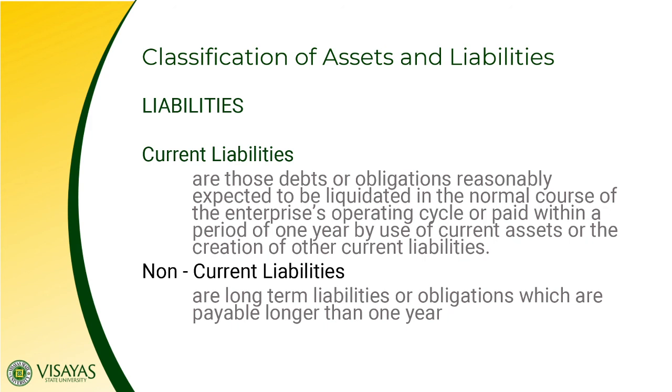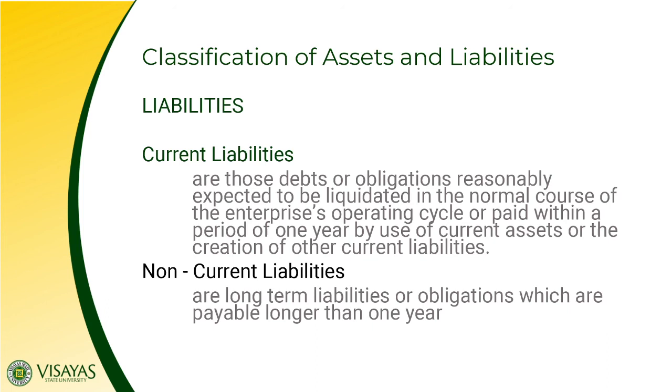The current liabilities are those debts or obligations reasonably expected to be liquidated in the normal course of the enterprise's operating cycle or paid within a period of 1 year by use of your current assets or the creation of other current liabilities. Examples of current liabilities are accounts payable, notes payable, salaries payable, taxes payable.